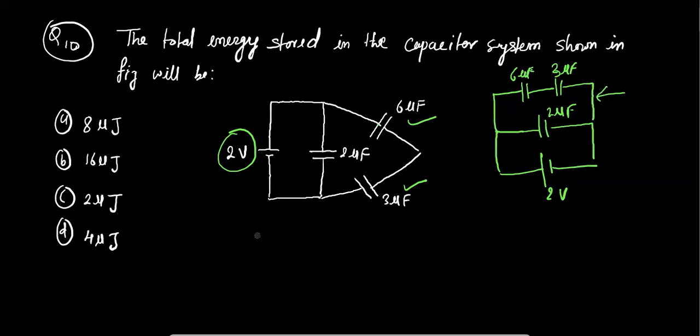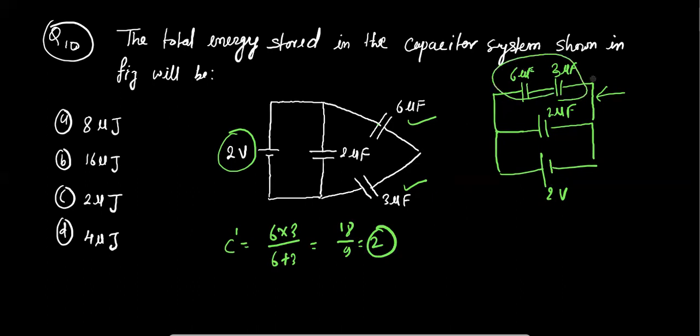So first of all we have to find the equivalent capacitance for this combination. As 6 and 3 are in series combination, we can write their equivalent, suppose C dash, as 6 into 3 by 6 plus 3, which is equal to 18 by 9, which is equal to 2. And for this 2, we are going to suppose here 2 microfarad, and these two are in parallel combination.